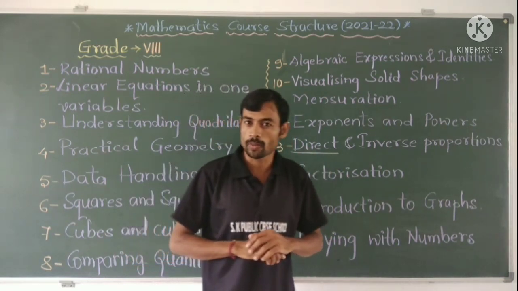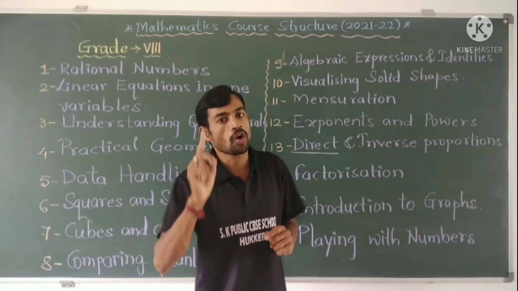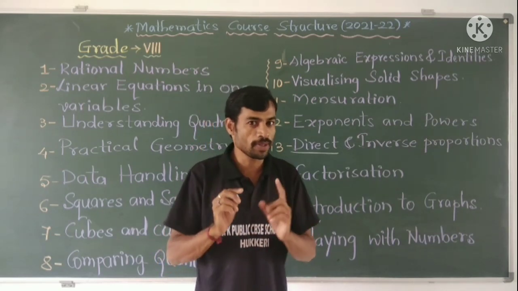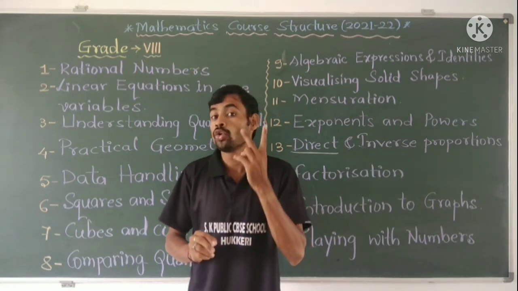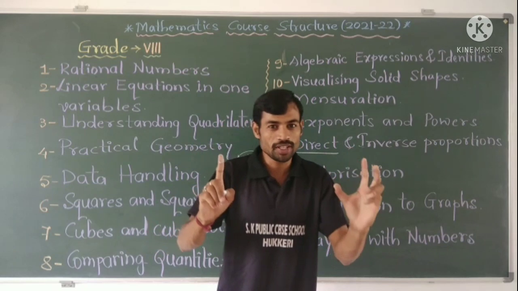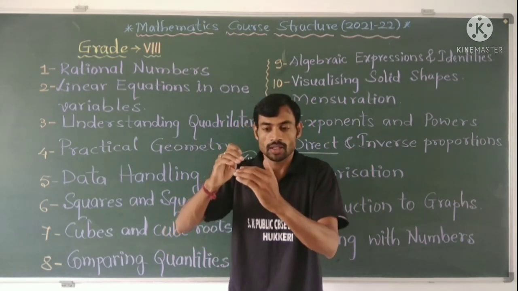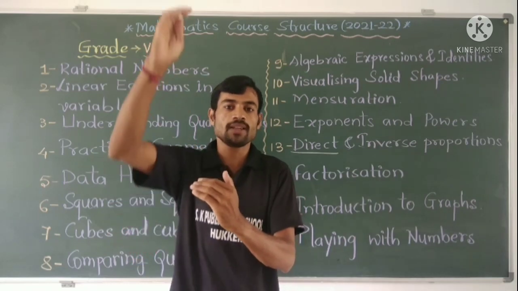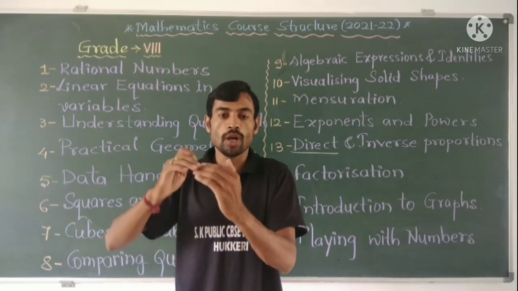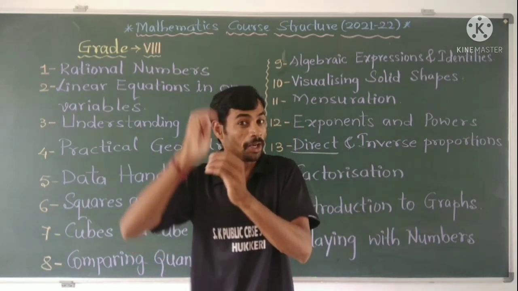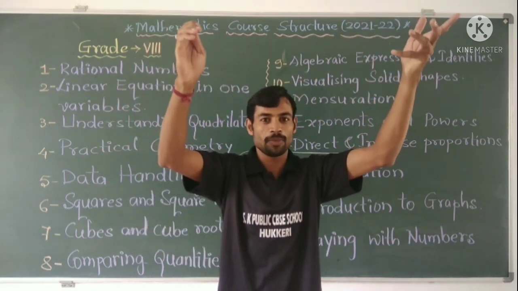One example I will give. 1 pen cost is 5 rupees. Here we have two quantities: pen is one quantity, amount is another quantity. Suppose the number of pens increases from 1 to 10. 1 pen cost is 5 rupees, 10 pens cost 50 rupees.